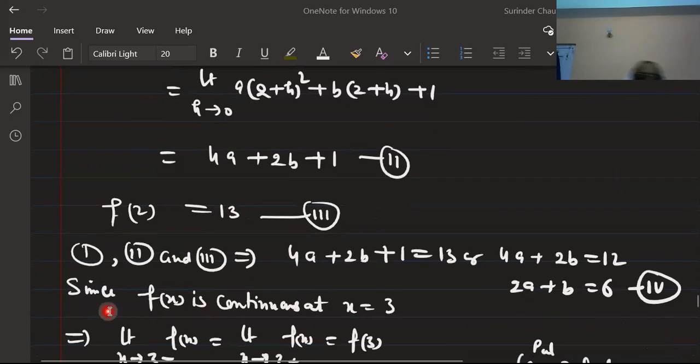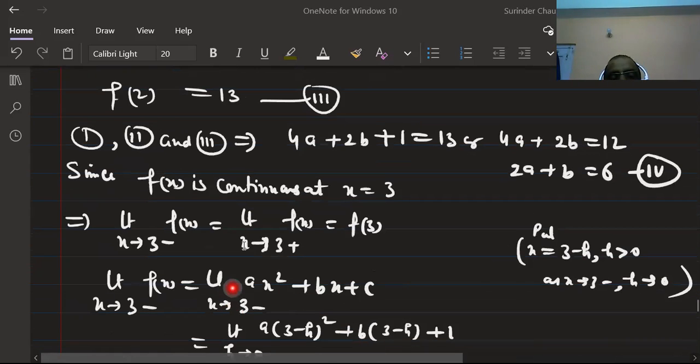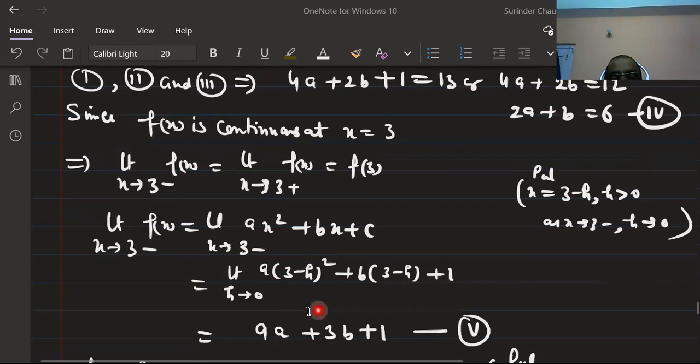Since f is continuous at 3, the left limit at 3 of f(x) equals the right limit at 3 of f(x), which equals f(3). The left limit as x approaches 3 from the negative side comes out to be 9a plus 3b plus 1.